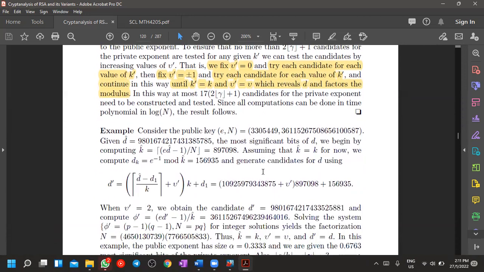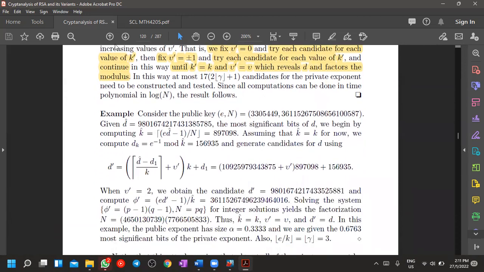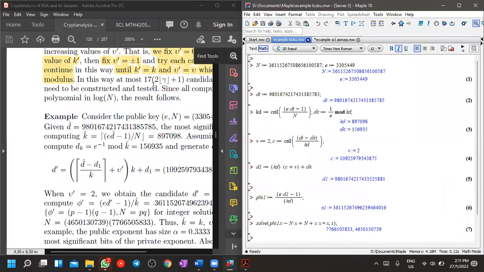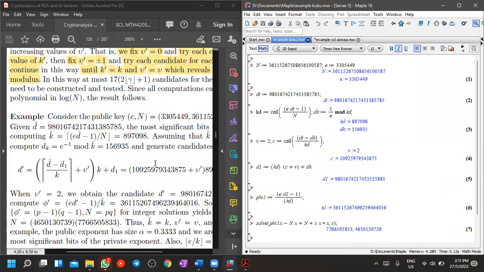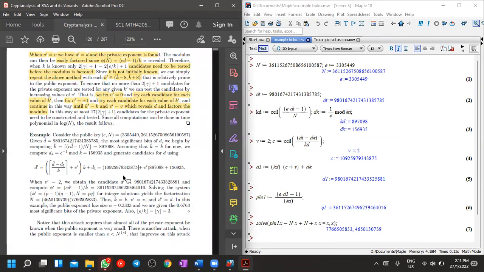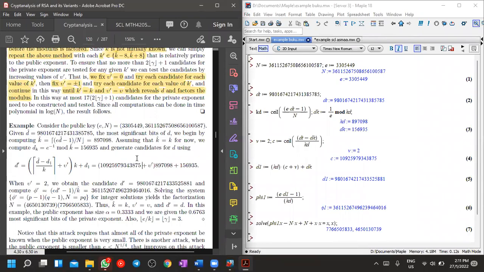Okay, so this is the first example from the book. Firstly, we consider the public key E, N, where E is 33054 and N is 361152675086561000587.